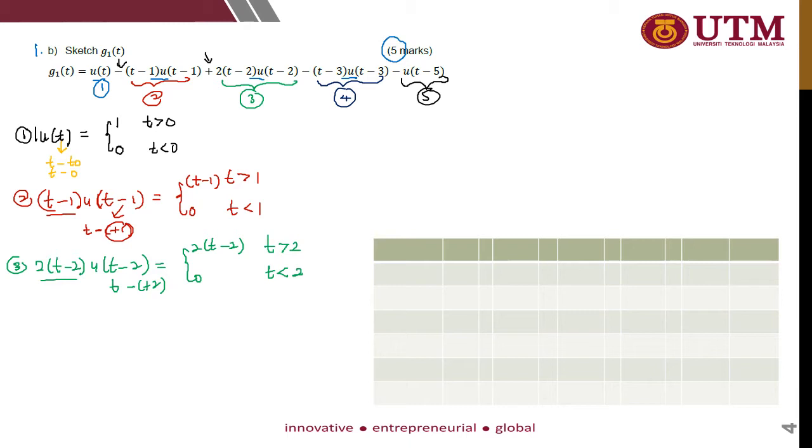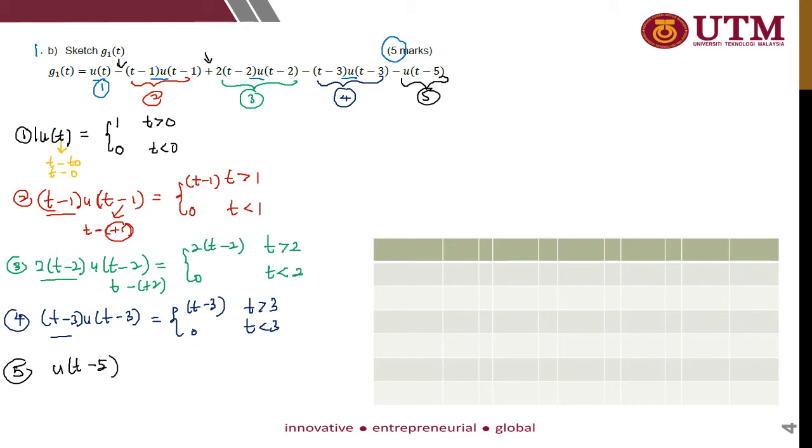And the fourth component, (t minus 3)u(t minus 3). It's from 0 up to the maximum of t minus 3, and the range is t less than 3 and t larger than 3. And finally, the fifth component is u(t minus 5). So 0 until the maximum magnitude of 1. The range of t is less than 5 and t larger than 5.